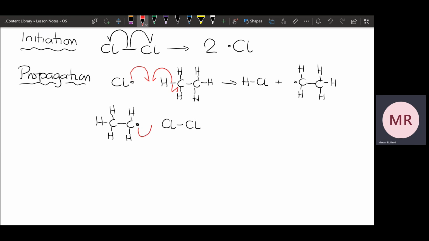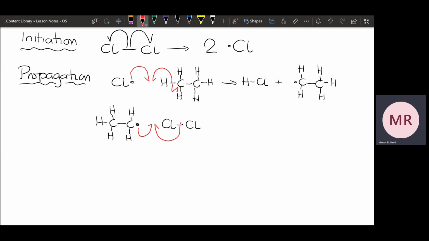It uses its unpaired electron to form a new bond to the chlorine, so an arrow from the unpaired electron into the space between the carbon and the chlorine, and then the existing bond between the two chlorines breaks, so an arrow from that bond also into that space to show two electrons in total moving to make a new shared pair between the carbon and the chlorine.